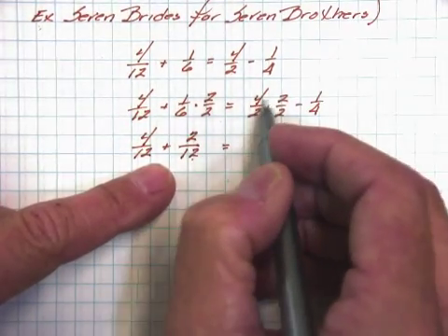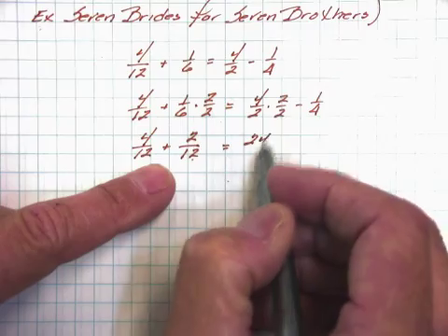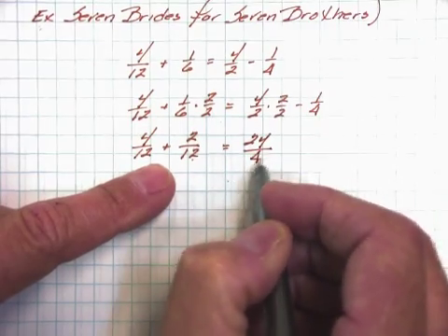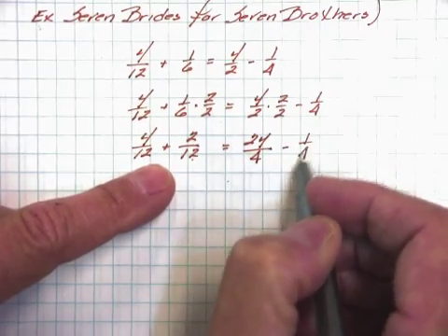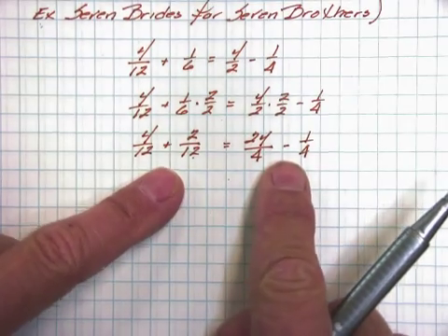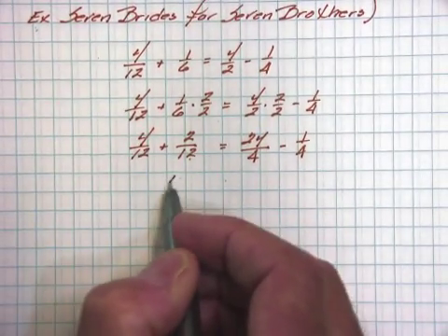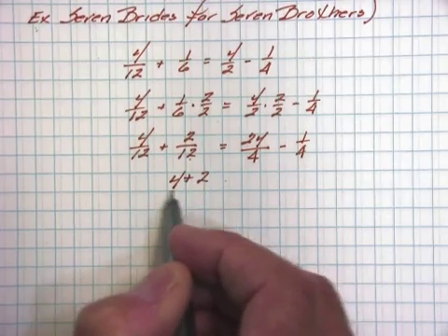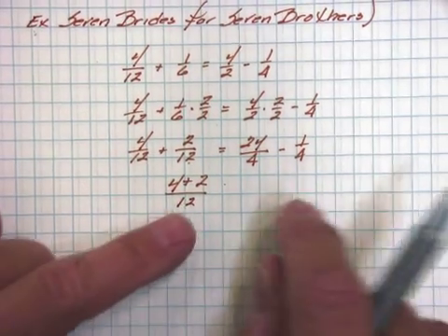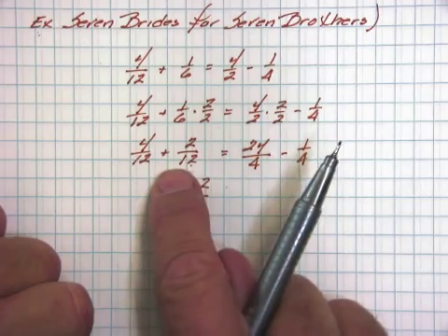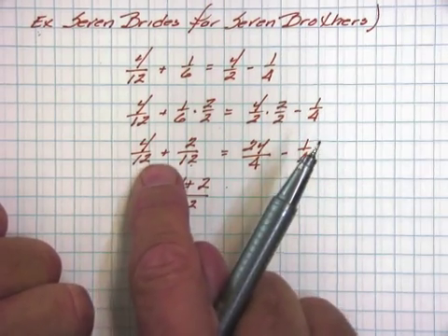y over 12 stays just the way it is, plus 1 times 2 is 2 over 6 times 2 is 12. Notice common denominator equals y times 2 is 2y over 2 times 2 is 4 minus 1 over 4. So now we've got those common denominators, and we can combine the numerators.